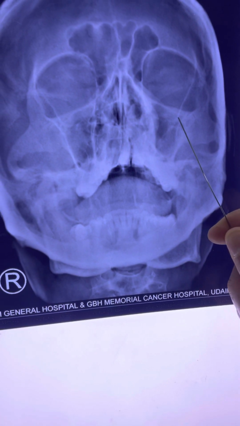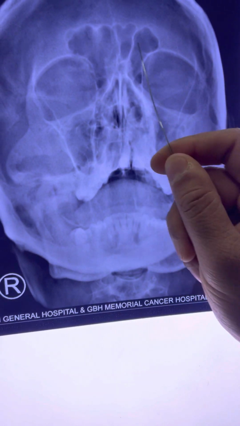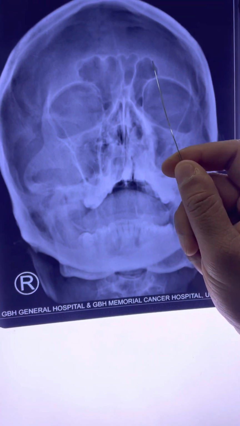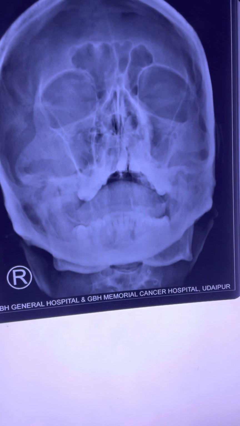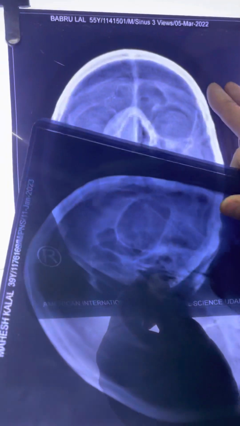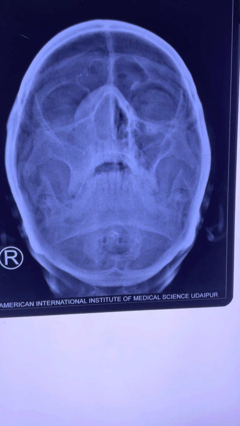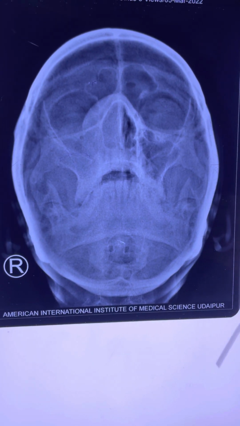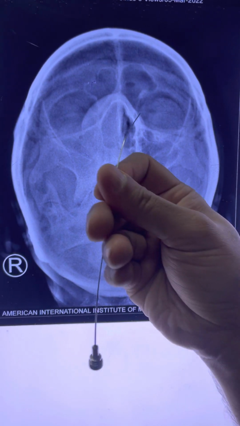All right. Then we can see the ethmoid and the frontal, which are absolutely normal in this case. Now we are going to discuss this case with another X-ray PNS, where you will see some difference in the view.